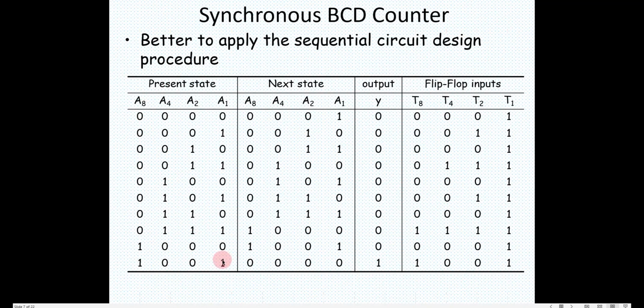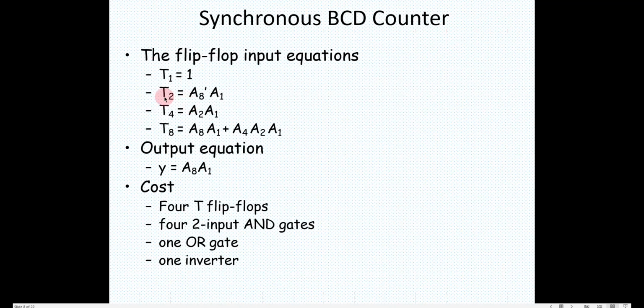Okay, so what can I do? If you see here, this is 1 here. For all these ones, it is 0 here. So only for this particular 1, it is 1 out here, right? So what I can do is I can write T2 as A8 bar A1.